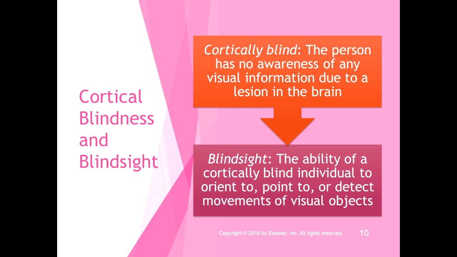There's a phenomenon called blind sight, which is the ability of a cortically blind individual to orient, point to, or detect movements of visual objects because they still have the forward part of the system. They can orient to objects, but because the cortex can't recognize it, they don't have any vision. Really interesting, because the pathway is complex, you can get these different disorders.